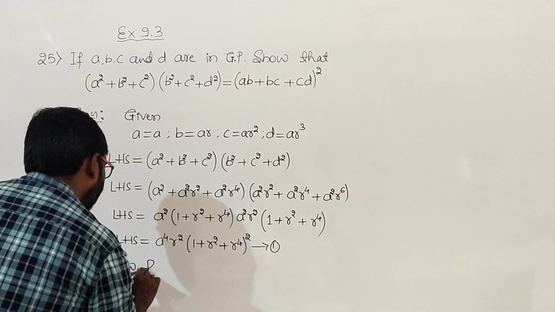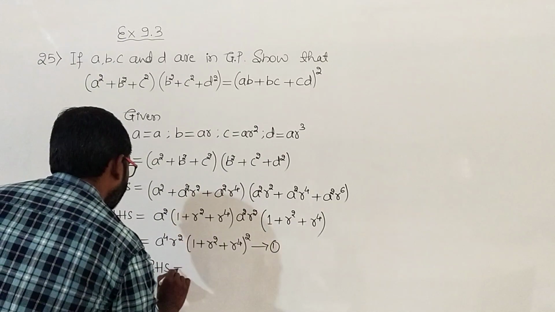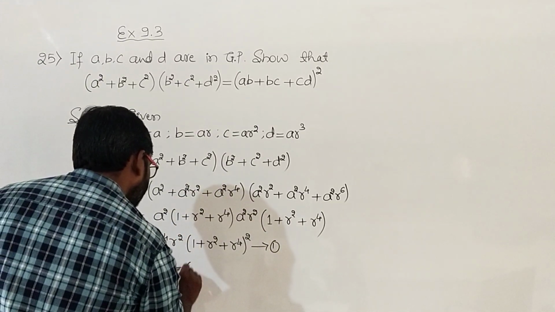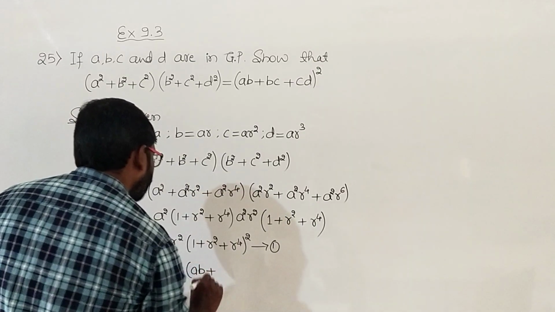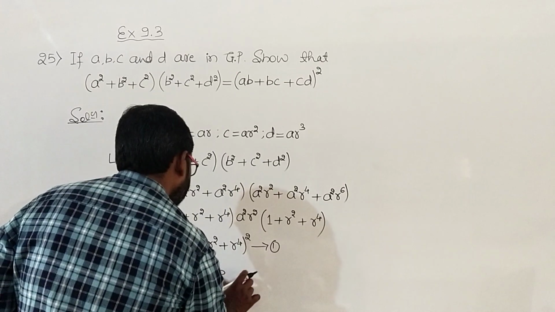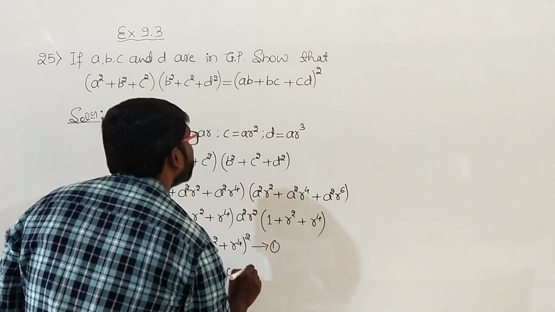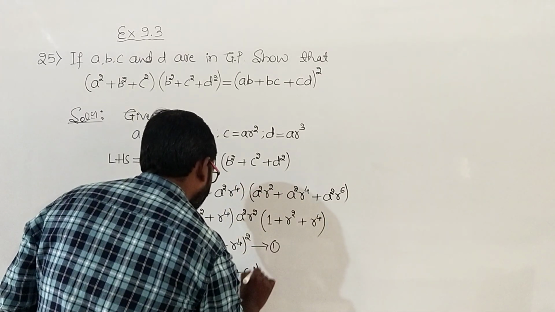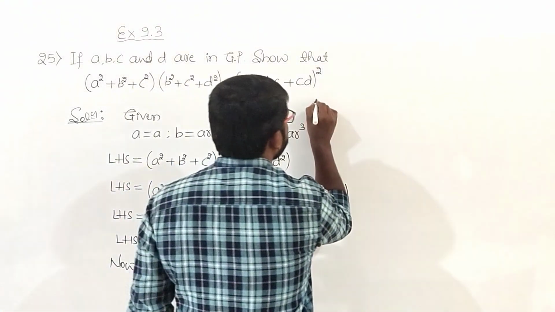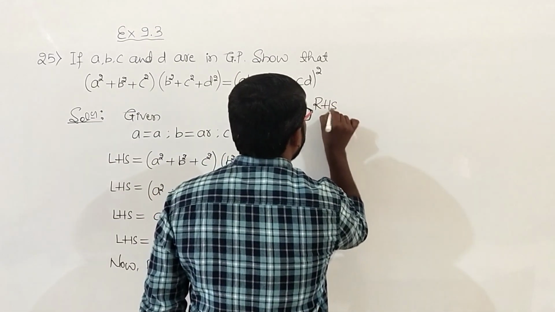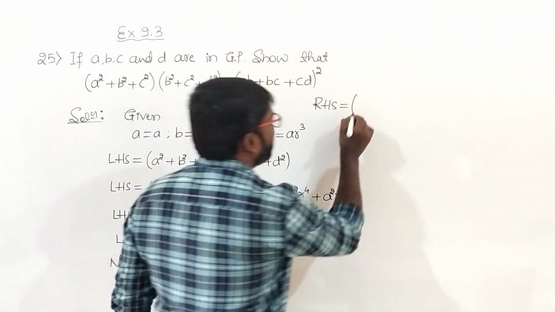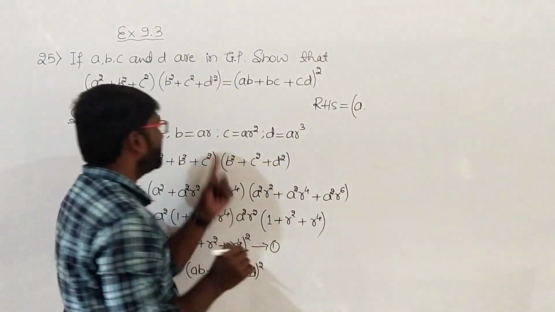Now right hand side, which is equal to AB plus BC plus CD the whole square. Substitute the values now. So here RHS is equal to A into B. A, write it as it is, then B. What is B here?